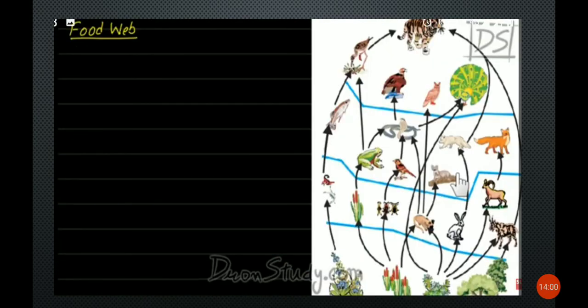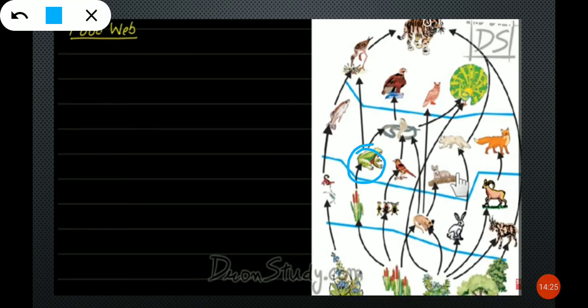And this is a food web. A food web is a system which is interlinked and interbased of the food chains. Like so many food chains are there. You can see not only one food chain. You can observe here one frog is there.